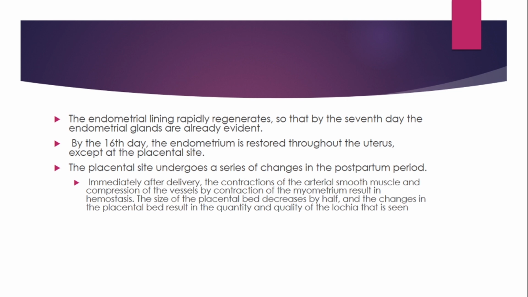Immediately after delivery, the contractions of the arterial smooth muscle and compression of the vessels by contraction of the myometrium results in hemostasis. And of course, the size of the placenta bed decreases by about 50%. And the changes in the placenta bed also result in quantity and quality of the lochia that is seen.